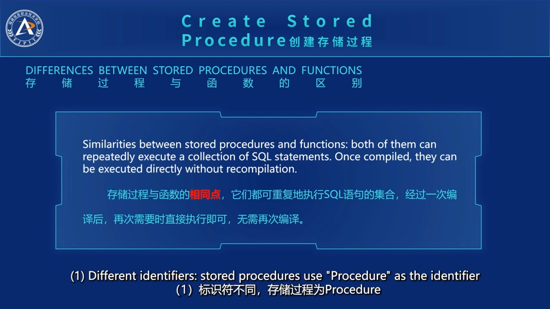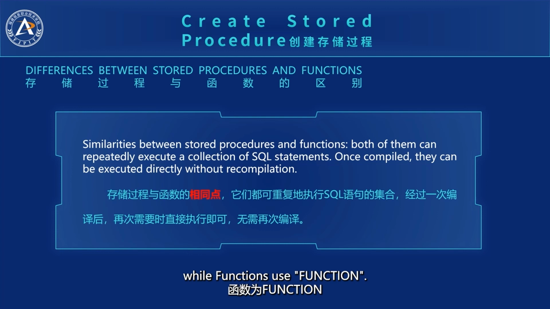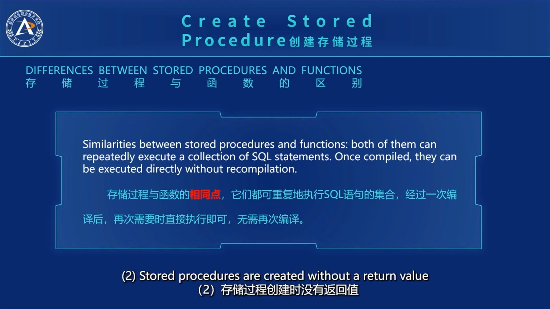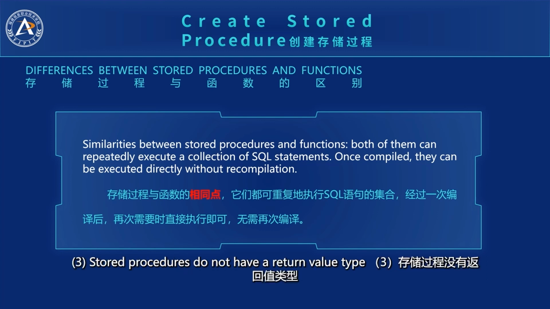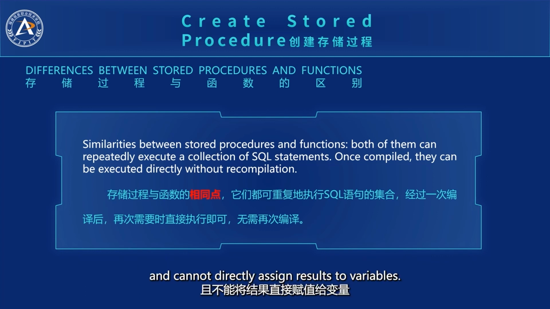1. Different identifiers. Stored procedures use procedure as the identifier, while functions use function. 2. Stored procedures are created without a return value, while functions require the specification of a return value during creation. 3. Stored procedures do not have a return value type and cannot directly assign results to variables.